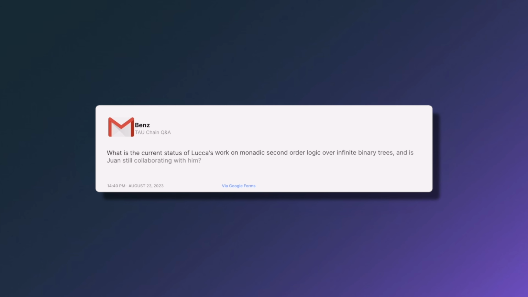All right, and the next question is from Benz, and they ask, what is the status of Lucca's work on monadic second-order logic over infinite binary trees? Is he and Juan still working in the team? So regarding MSO, monadic second order, it was never a decision to implement the full decision procedure for MSO.